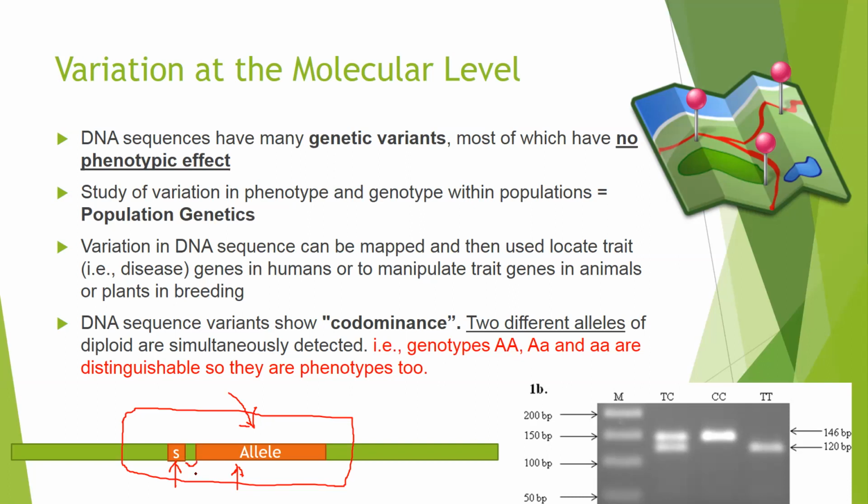We should understand what tightly linked means. The distance between this marker and the gene is very small, such that the chance of any crossing over occurring between this marker and the gene is extremely tiny.